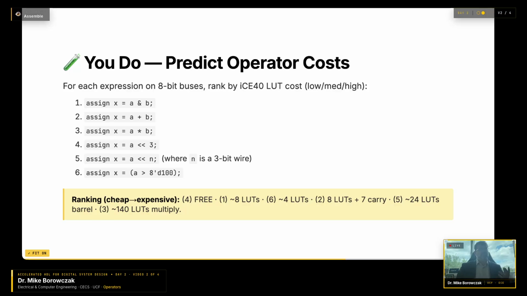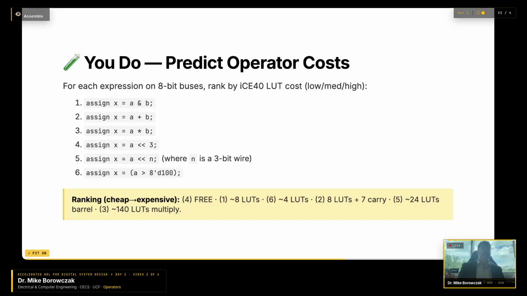Number 6, the comparison, is going to take 4 LUTs. Number 2, the addition, is going to take some LUTs and some carries. By the way, if you don't know exactly how many LUTs things are taking, things are roughly taking 1 LUT per bit of width. But if you don't quite know, that's okay, as long as you recognize that there are LUTs and carries.